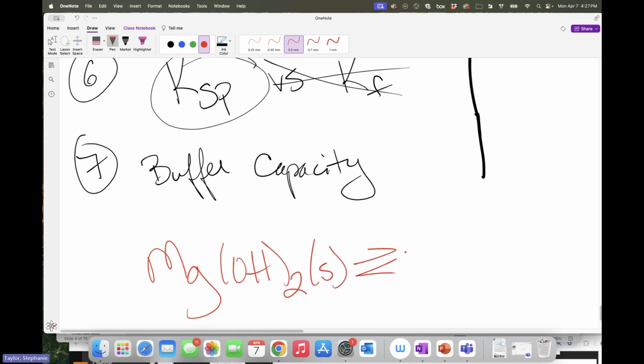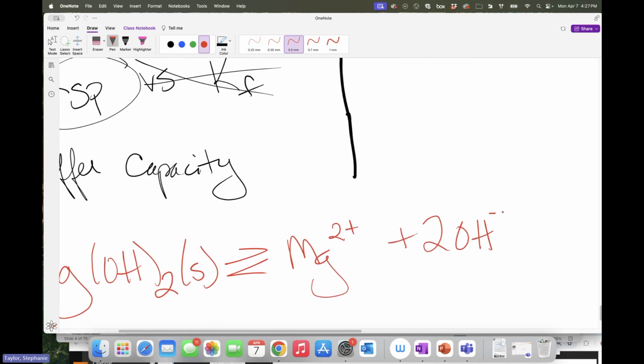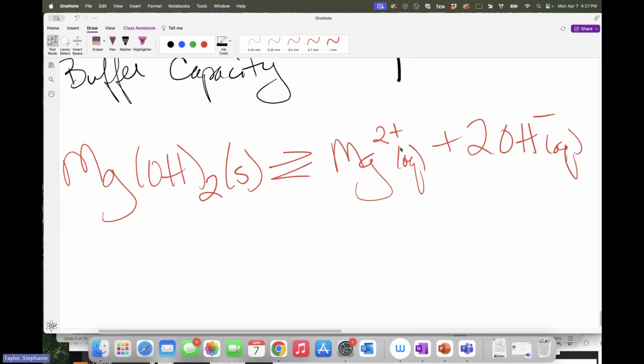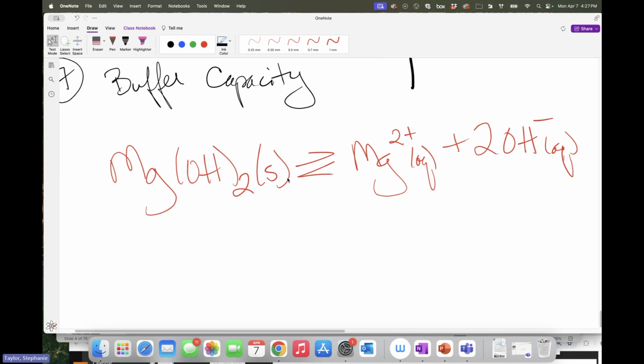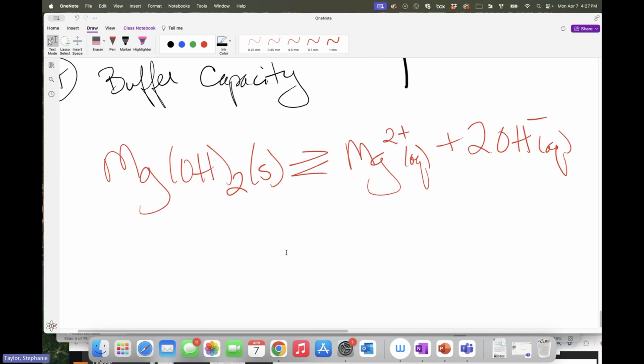First of all, when we are dealing with KSP, just like when we do Ka and Kb, we essentially have a known thing on the left, thing on the right. In KSP, the solid is your reactant, the aqueous species are your products, and the higher your value of KSP, the more soluble your compounds are.